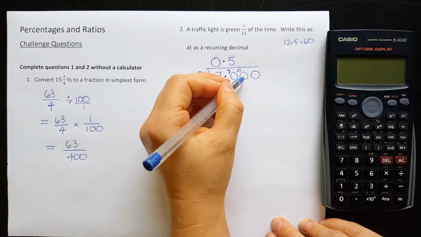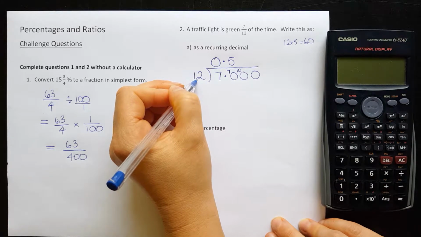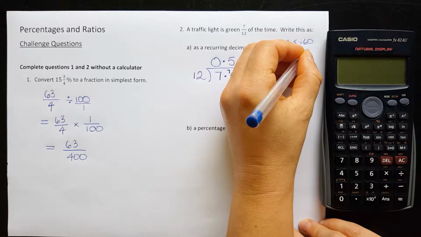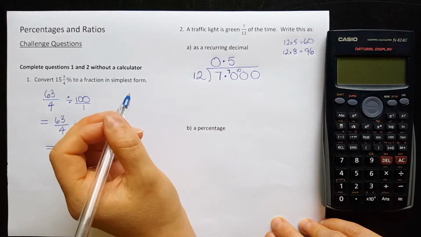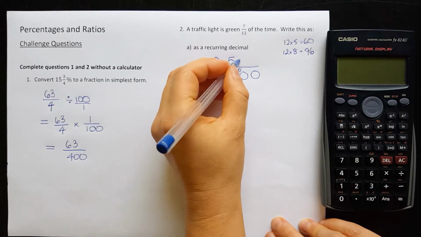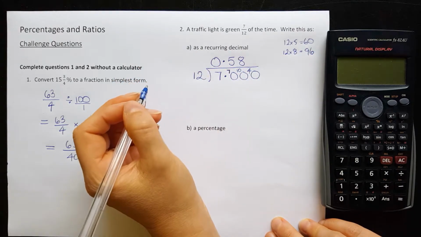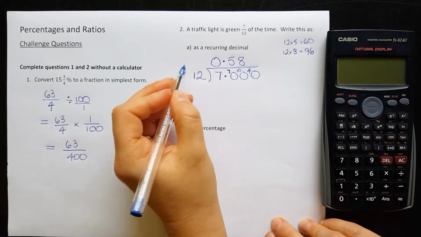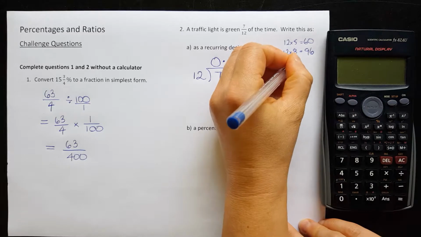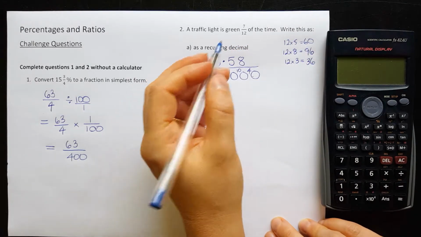Now we have 100. 100 divided by 12. Again, thinking of your 12 times tables, you'll know that 12 times 8 is equal to 96. So 12 is going to go into there 8 times with the remainder of 4. 40 divided by 12. Okay, that's going to be 12 times 3 would get us to 36.